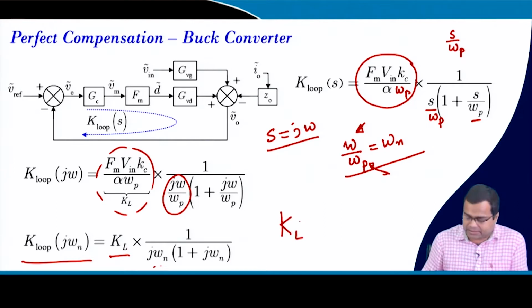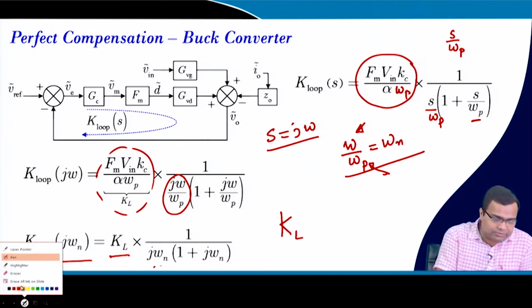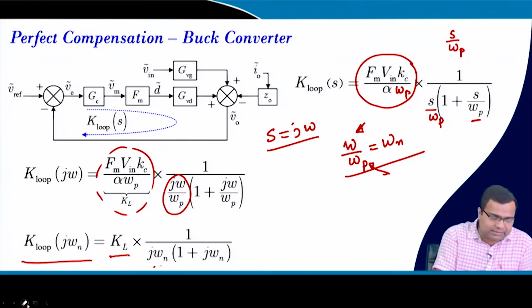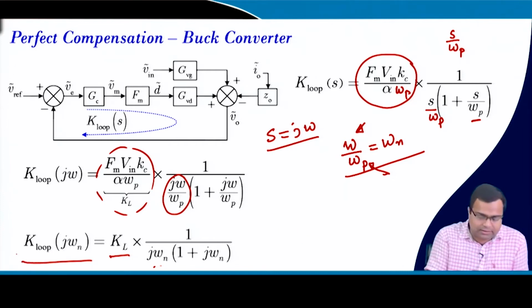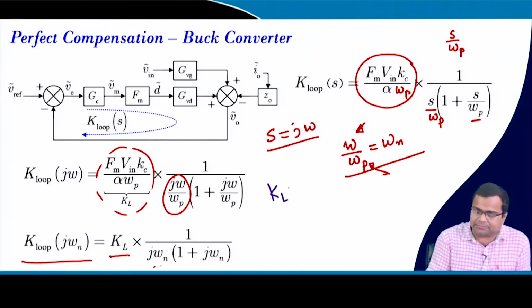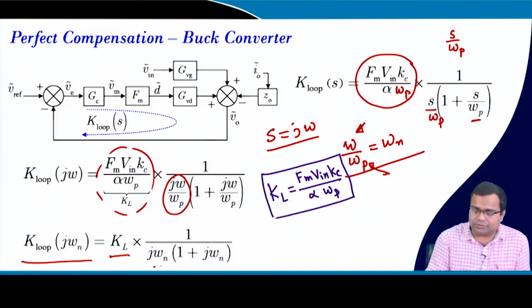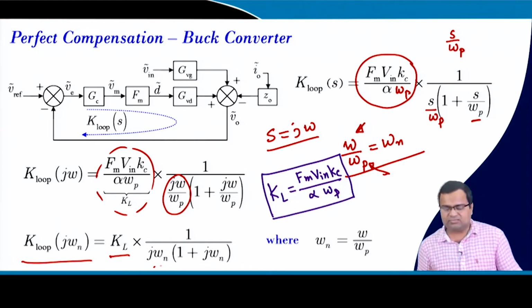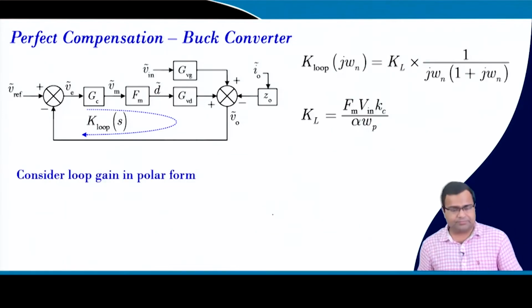KL is nothing but Fm V in Kc by alpha omega p. So, you should keep this in mind, okay, and this is a normalized frequency.